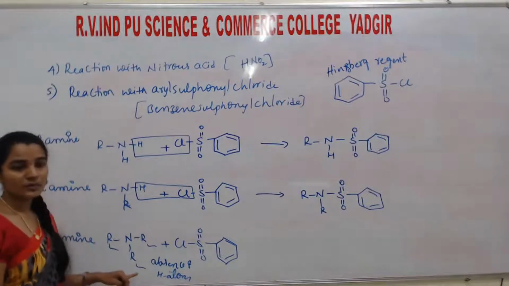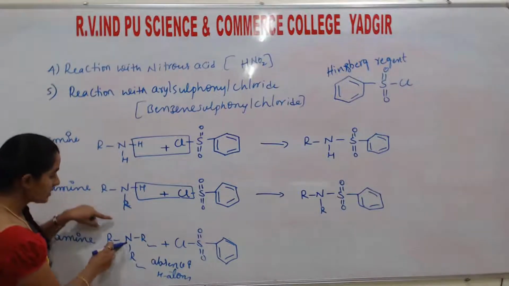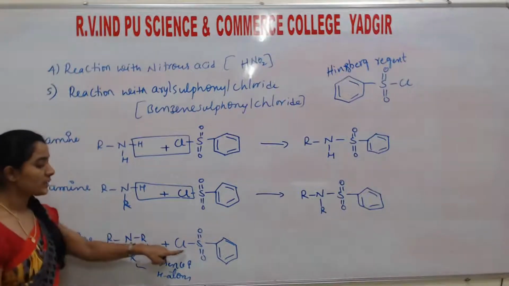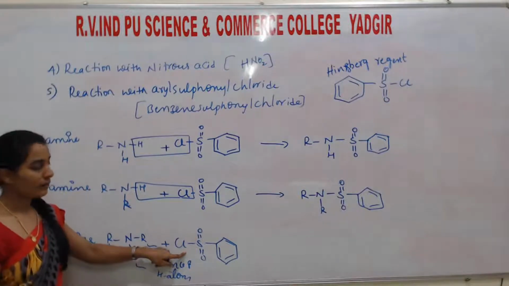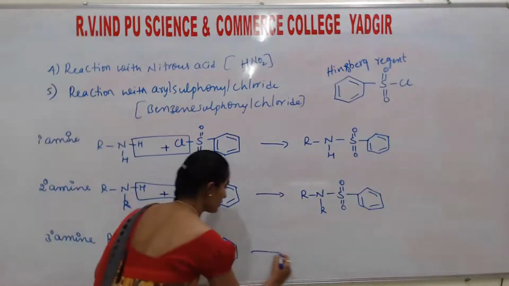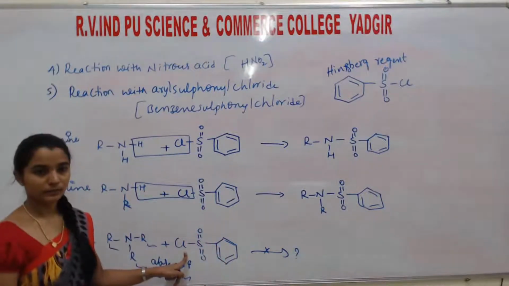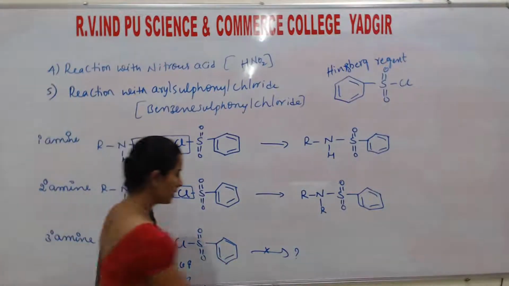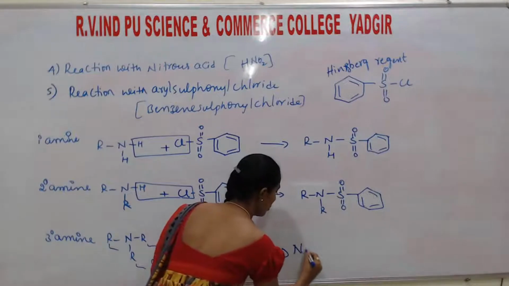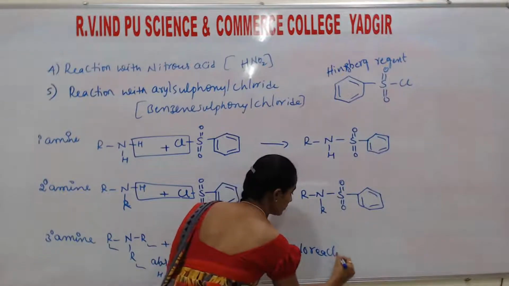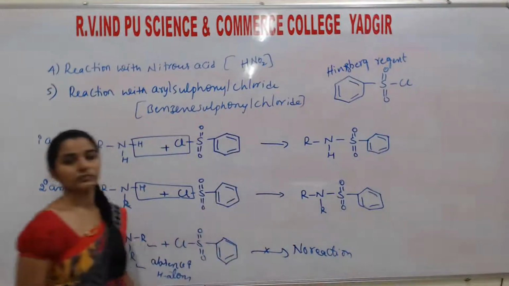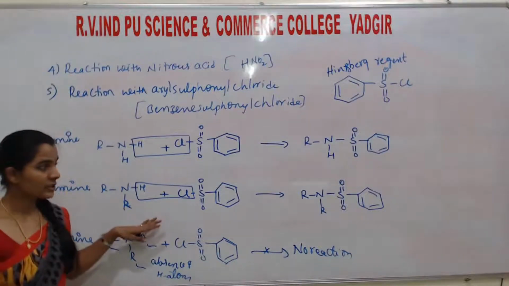So because of the absence of hydrogen atom, this tertiary amine doesn't react with benzene sulfonyl chloride. So this reaction cannot take place. Here it is no reaction. Okay, so this is the distinction.